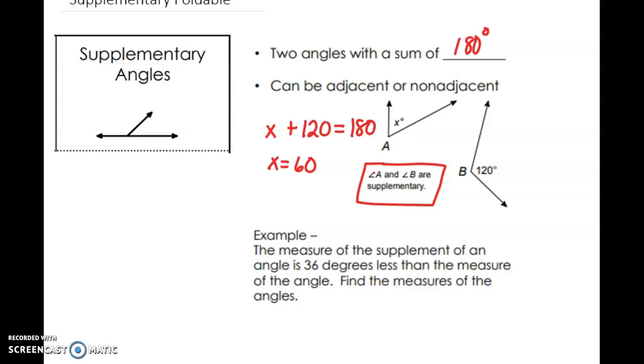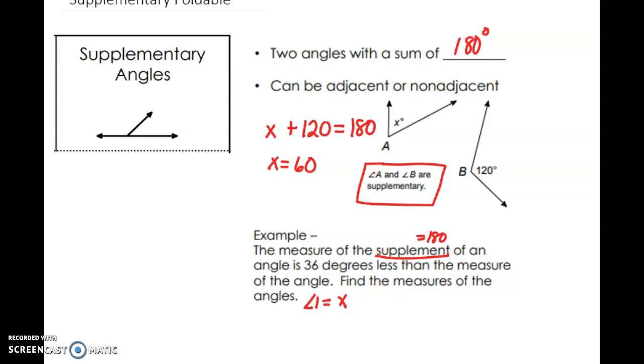So let's look at this example. The measure of the supplement, okay, right there, that's saying, hey, they're going to add up to 180, of an angle. So I'm going to use some space right out here. So some angle, I'm going to call it angle 1, is x. I'm just going to use x.